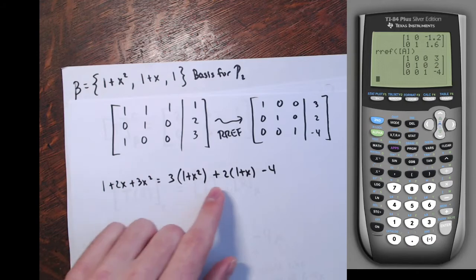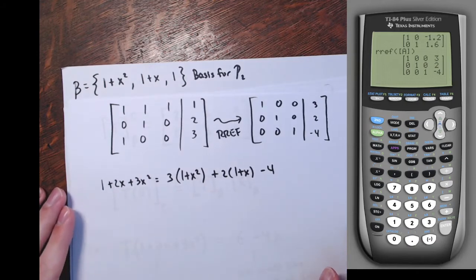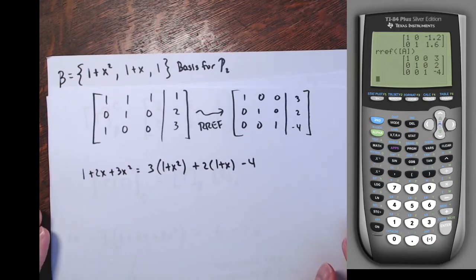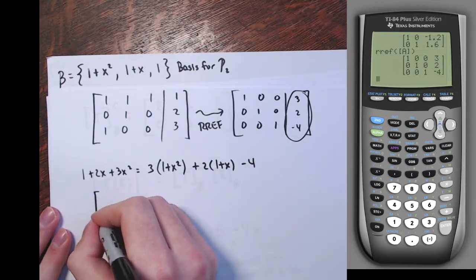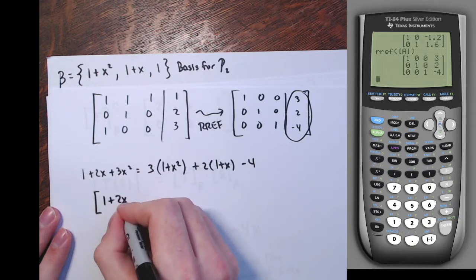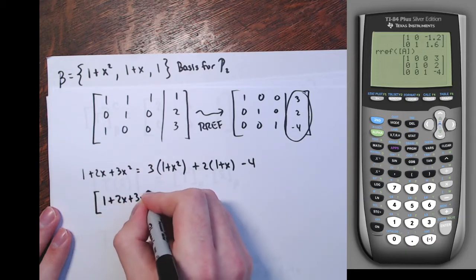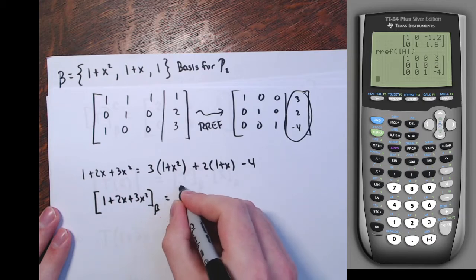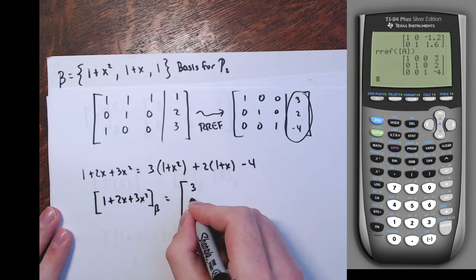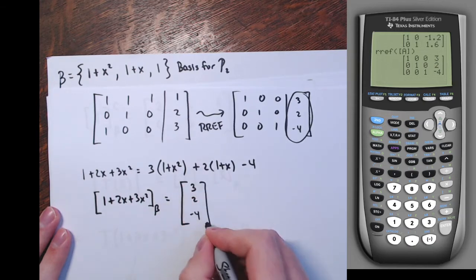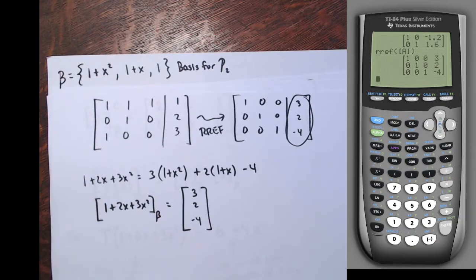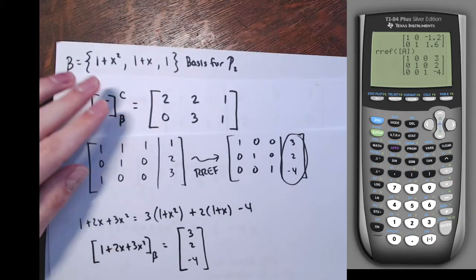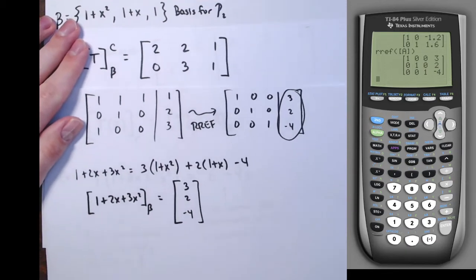And you can double check this. This is true. Right? This is working out. Okay, so here are the coordinates. Right? So the coordinates of 1 plus 2x plus 3x squared relative to basis B is this vector here, 3, 2, negative 4.